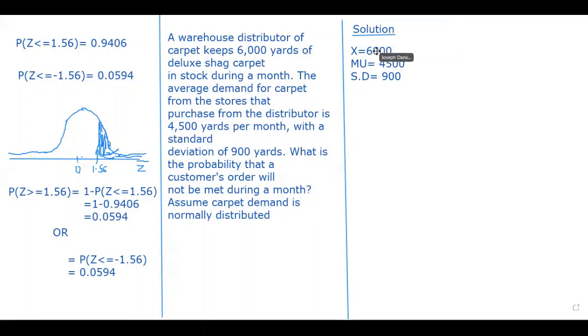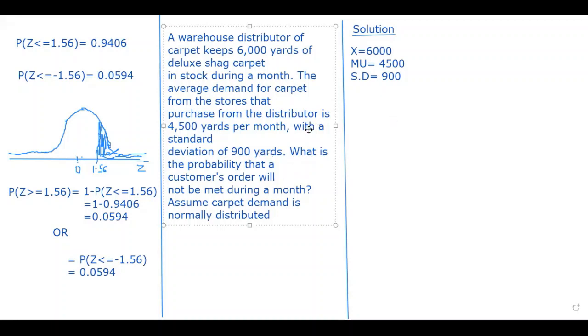Okay, sorry. So I said from this question, we know that our X is 6,000 here. Our mean is the average carpet demand, which is 4,500 yards. And the standard deviation is what? 900 yards. You get it?